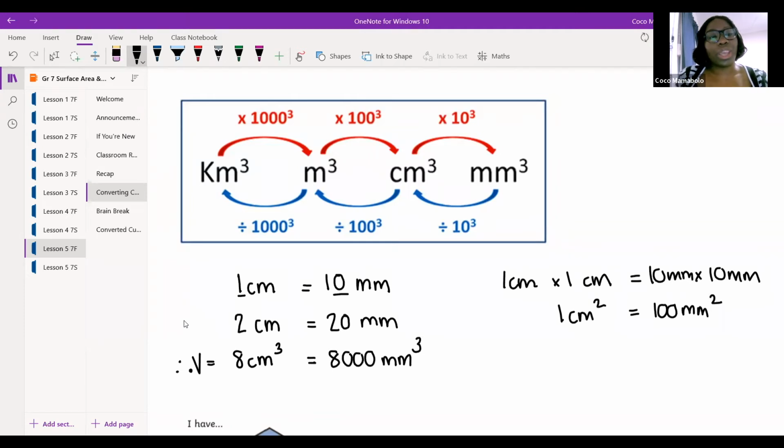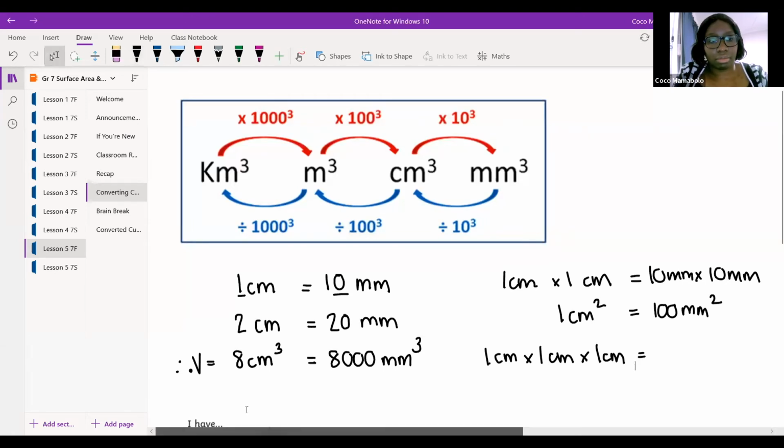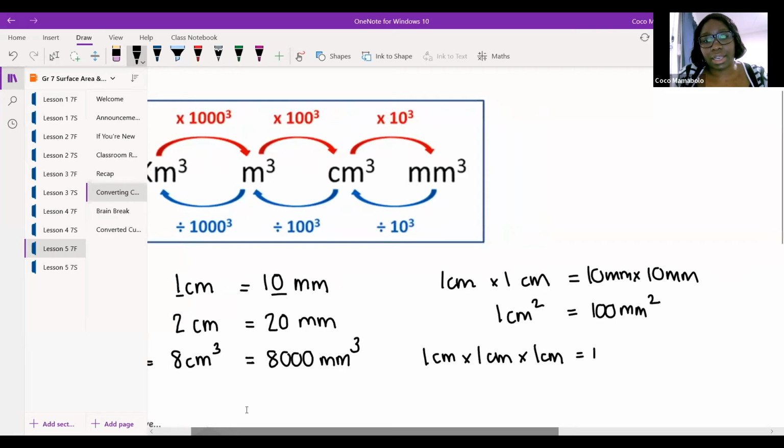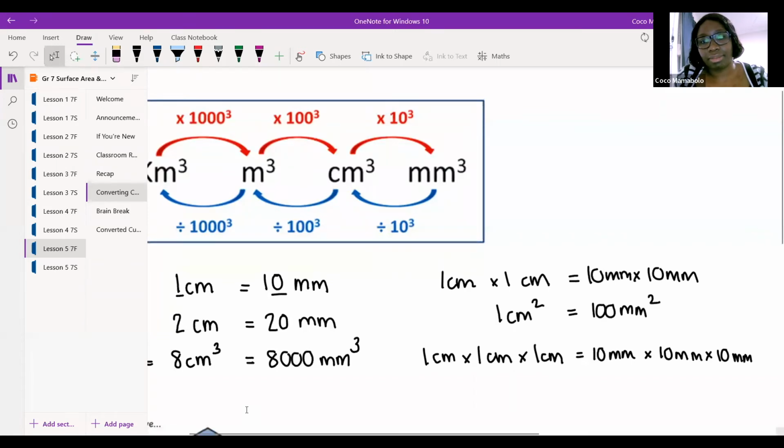Right. So if I have 1 centimeter times 1 centimeter times 1 centimeter, what am I going to get? I'm going to get 10 millimeters times 10 millimeters times 10 millimeters.